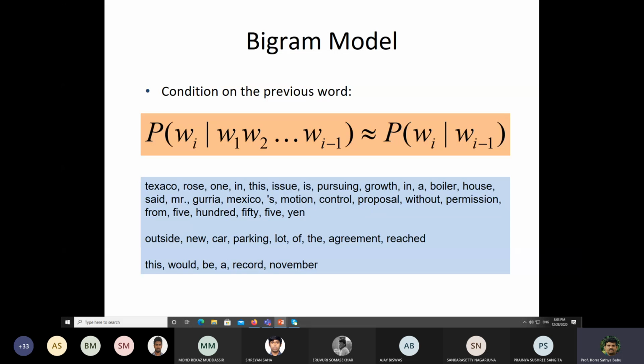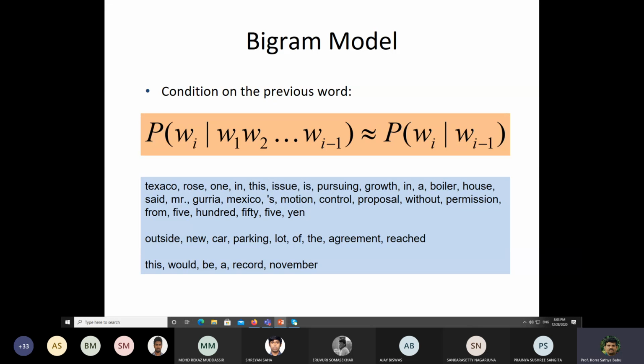Probability of Wi given W1, W2, W3, like that up to i minus 1 can be given as probability of Wi given Wi minus 1. It means that what is the probability of the nth word occurring given the n minus 1 word is available.